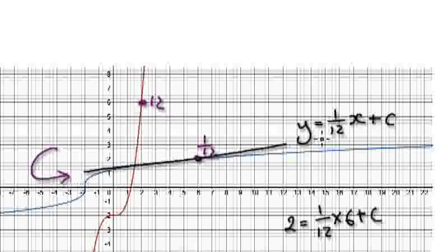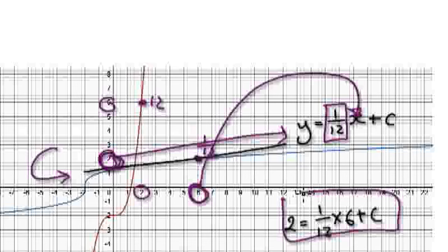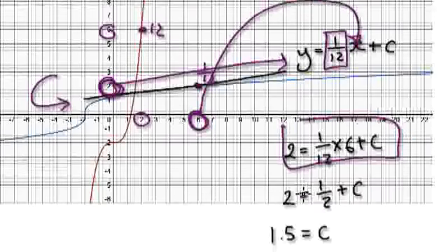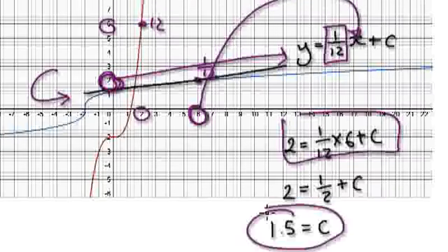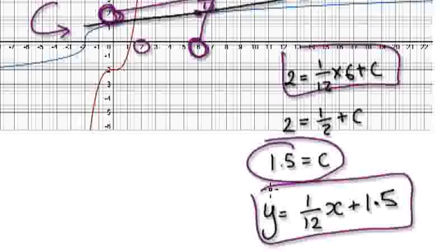The equation for this line will be, well, you know the gradient, and you know it passes through 6, 2, because earlier it was 2, 6. So you can put 6 into the x and 2 into the y, and that will give you this, and then work out c. C is 1.5. So the equation for the tangent line is given by this.